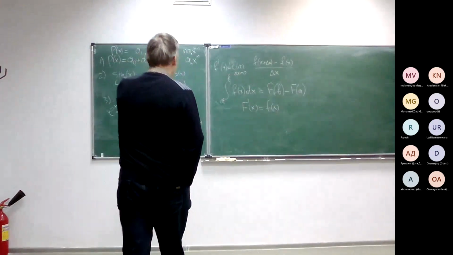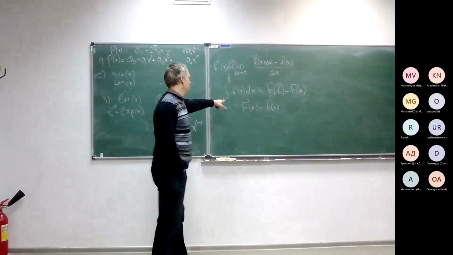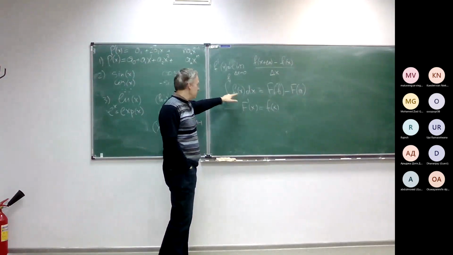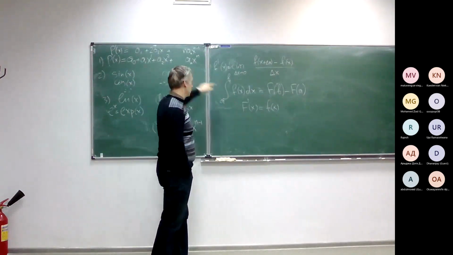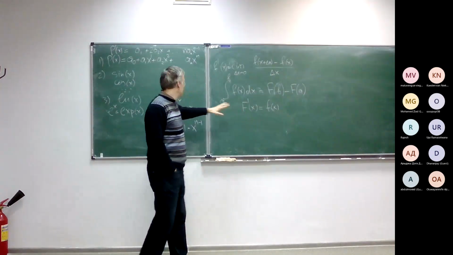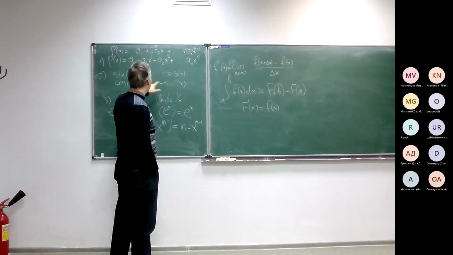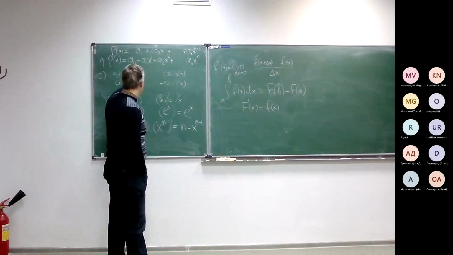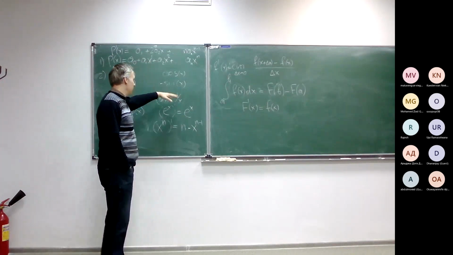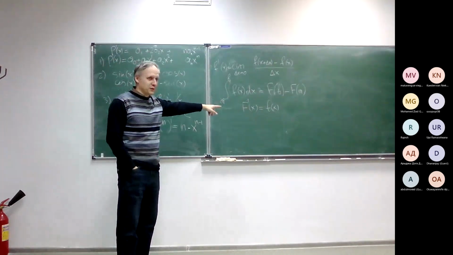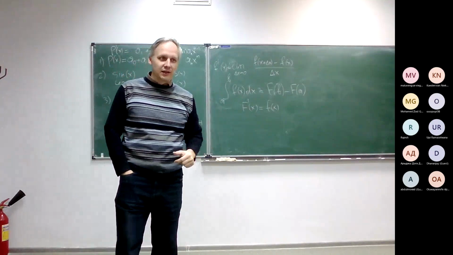So if we try to compute the integral of sine, we should use cosine, with a minus, because it changes the sign.